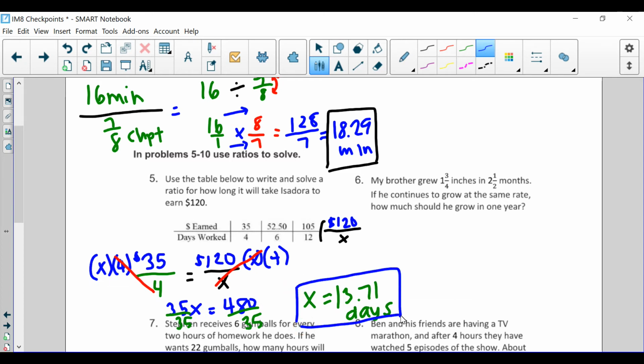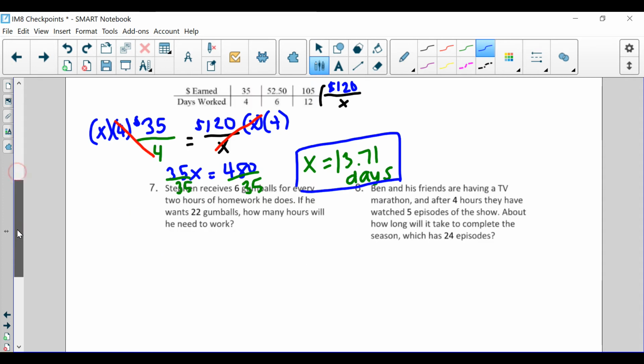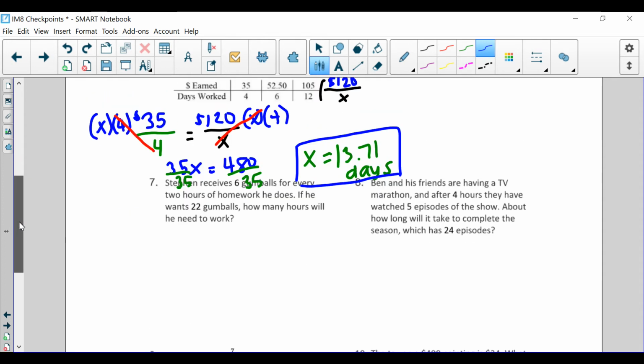All right, let's continue. Here we go. Number 7. Stephen receives 6 gumballs for every 2 hours of homework he does. If he wants 22, how many will he need to do? So I'm going to solve it the same way that I did the other one. So it says 6 gumballs, and that was in 2 hours.